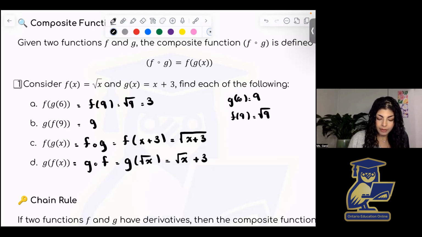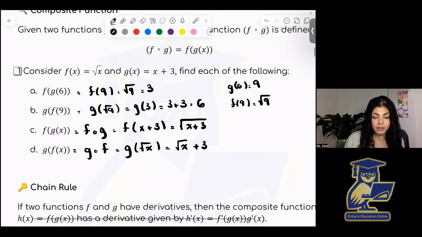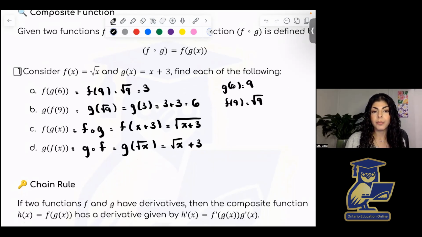So then we have g of square root of 9, or just 3. And this is g of 3. 3 plus 3 is 6. Okay? So again, it's pretty much when you have a function as an input for another function.